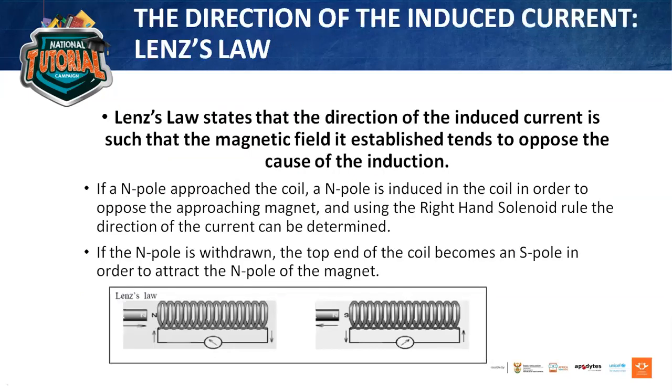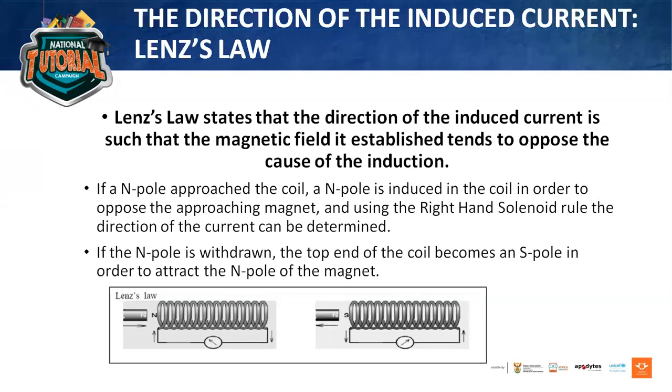So let's move now to the next one. We've got Faraday's law, and then we've got Lenz's law. Lenz's law states that the direction of the induced current is such that the magnetic field it establishes tends to oppose the cause of the induction.